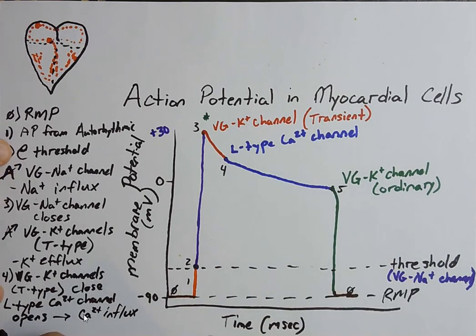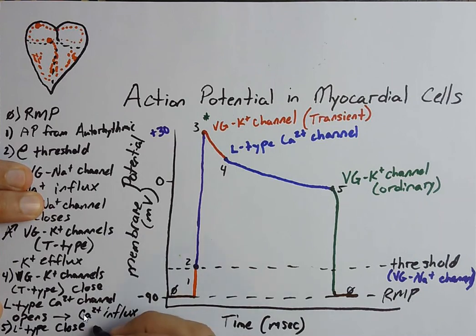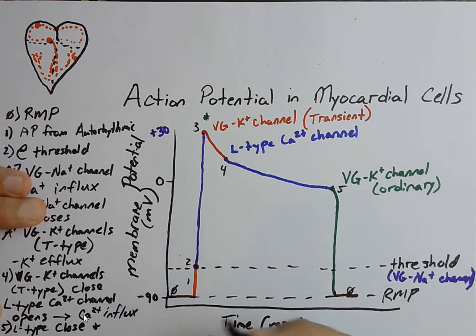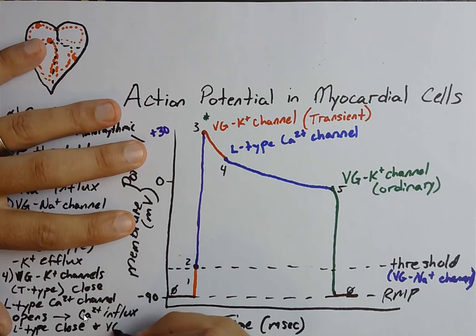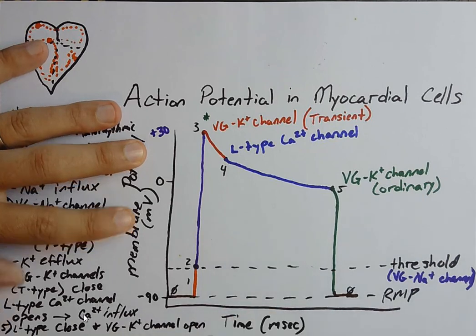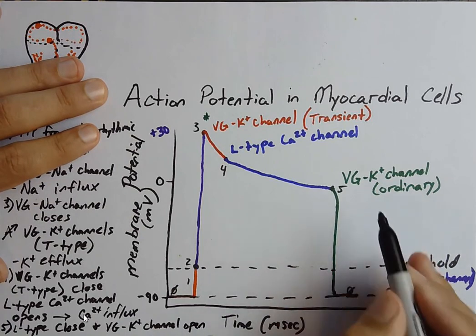So it's step 5. Hopefully I have enough room down here for y'all to see it. Kind of. Step 5, these L-type calcium channels close. Going to abbreviate for y'all so I don't run out of space. The L-type close, and the voltage-gated potassium channels, the ordinary, they're going to open. And what happens when they open?